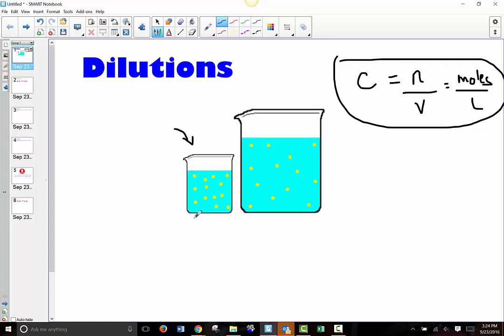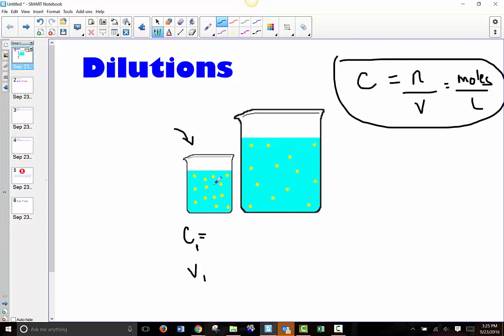Okay, well, it has a certain concentration and we'll call it C1. It also has a certain volume and we'll call that V1. If we add some water to that solution or to that cup of orange juice or coffee, what we've done is we have made the volume bigger. We still have the same number of moles of orange juice or moles of coffee or caffeine or whatever you have, but we have a greater volume here.